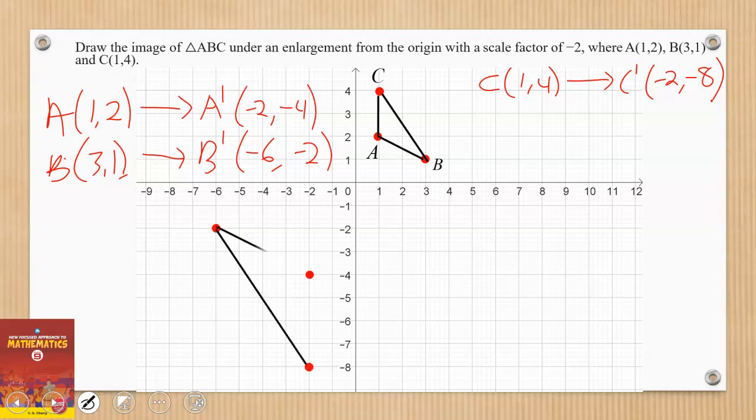When we join all this together, we form the image of triangle ABC. So this is our C prime, this is our A prime, and this is our B prime. And it is coming from the origin. If you join C to C prime, look at how it goes, and then A to A prime, and then B to B prime, this is how we see our enlargement.